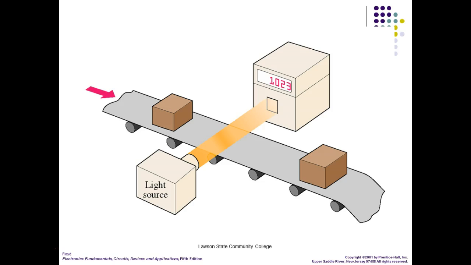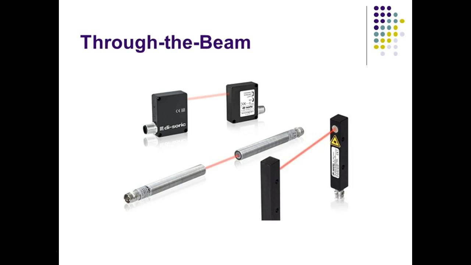And of course, you can see what happens as these boxes move on the conveyor belt. What does it do with the beam? Breaks it. So the output of the sensor would give us an indication every time something moved through it. Are we okay? So we call this through the beam.